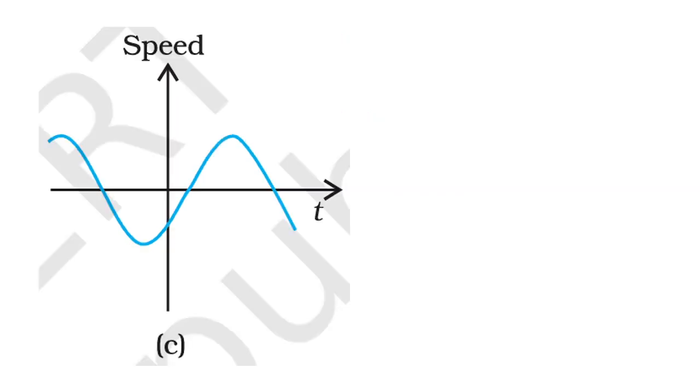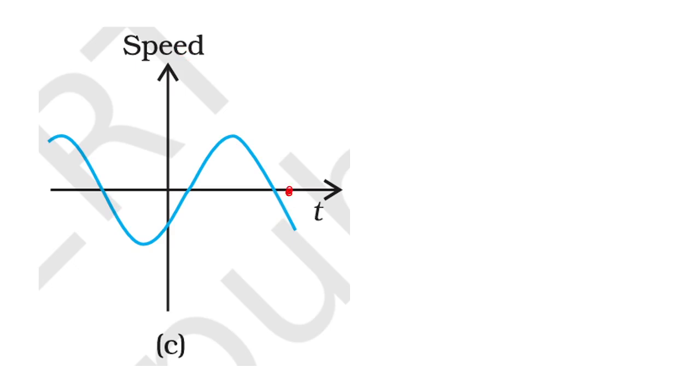So it is not a velocity time graph, it is speed versus time. This graph is not possible, because when we talk about speed, we will not consider the negative sign. Whether the body is moving forward or backward, we will not write the speed as a negative number. Understood? But look at this graph. At a certain time the speed becomes negative.